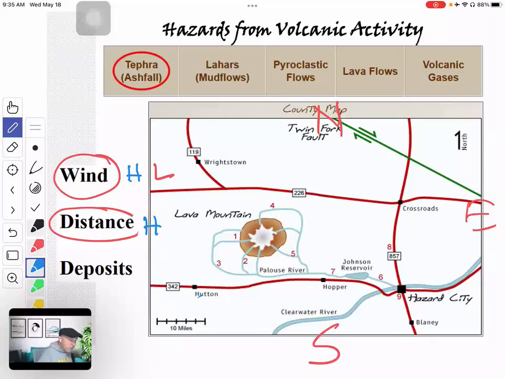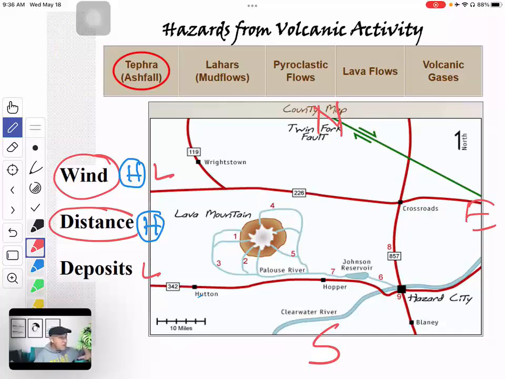So for those communities that already have high for wind, for distance you already have 2 out of 3, so the assessment for those is going to be high. Even if the third one is low, based on deposits, you already have 2 pieces of information that say high risk and 1 piece that says low risk, so the assessment will be high. That's why you're evaluating 3 pieces, because that will allow you to make an assessment.